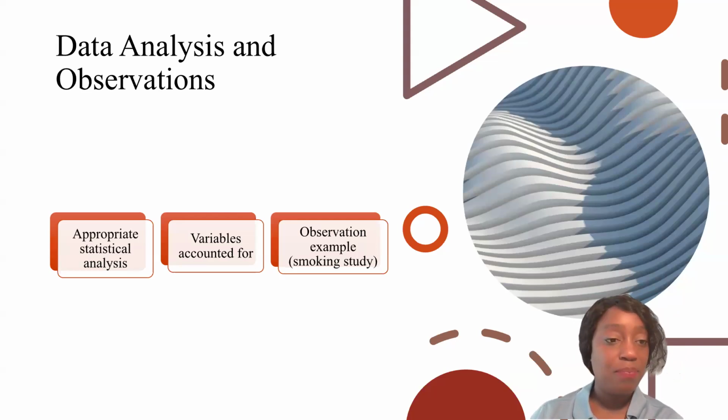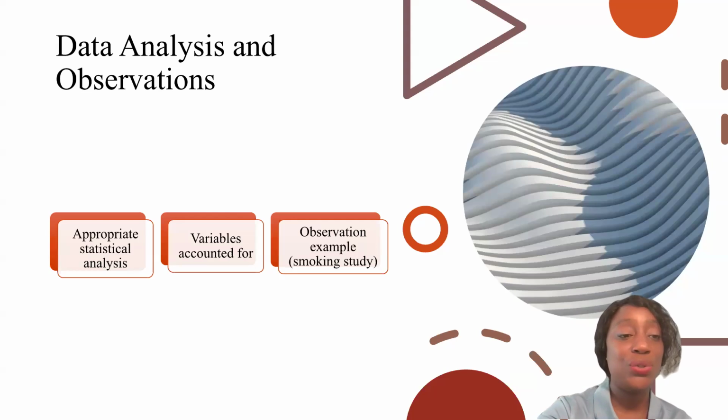So for instance, in a study on smoking and coronary artery disease, the observations seem straightforward, but 60% of smokers quit over the course of 15 years, which was a factor the researchers didn't account for, thereby skewing the results. Such overlooked variables can significantly alter study conclusions.